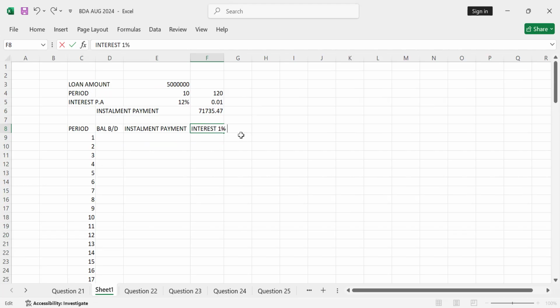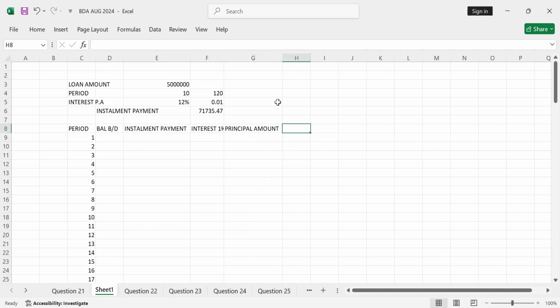Then you can also have the principal amount. Then also you will have the balance as at the end. That is the principal amount balance carried down.